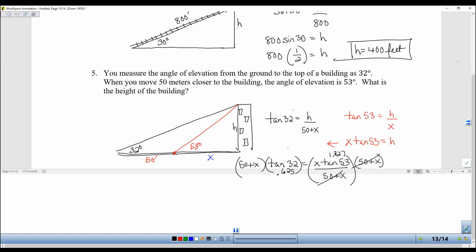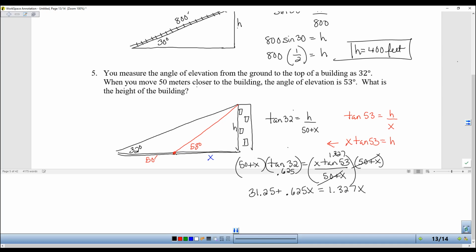So 50 times 0.625, because I'm distributing this 0.625 to the 50, is going to be 31.25 plus 0.625x. And on this side, my 50 plus x canceled, and I just get the 1.327x.